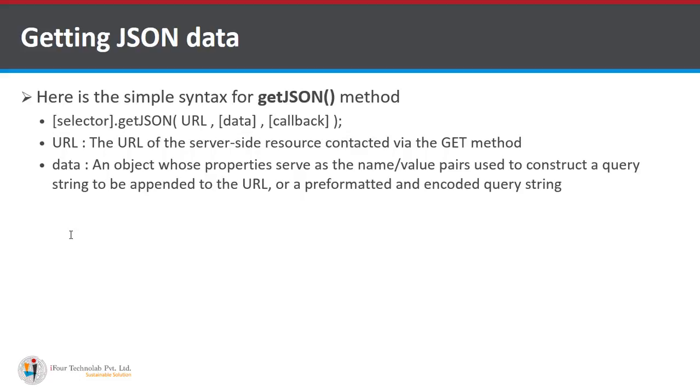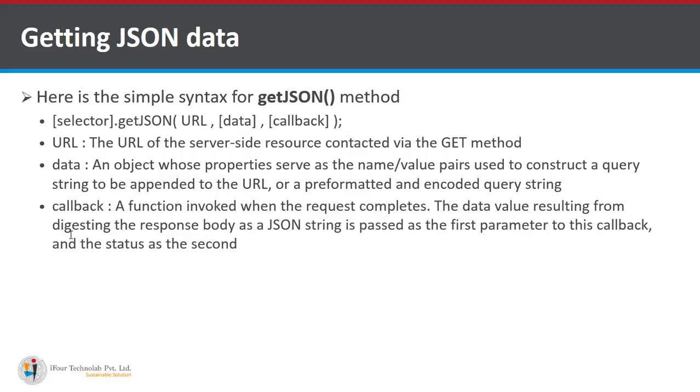Data is an object whose properties serve as the name-value pairs used to construct a query string to be appended to the URL, or a pre-formatted and encoded query string. Callback is a function invoked when the request completes. The data value resulting from digesting the response body as a JSON string is passed as the first parameter to this callback, and status as the second.